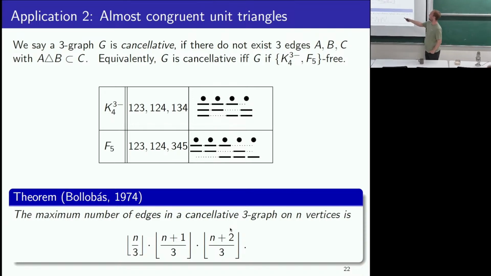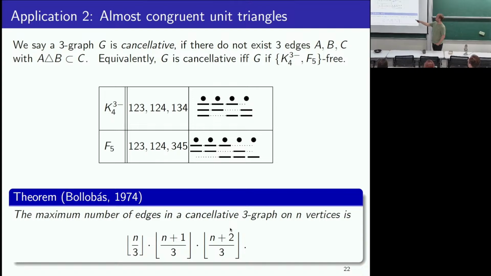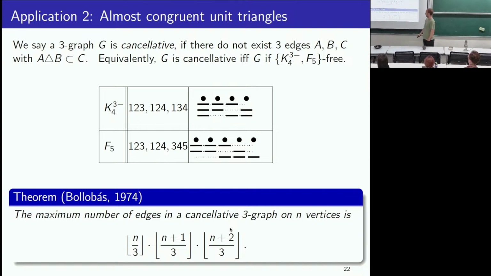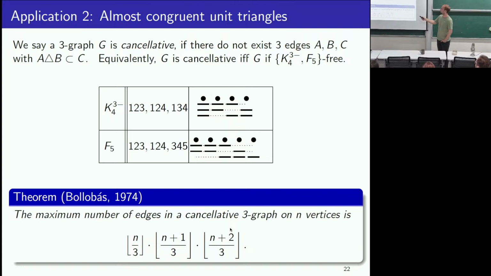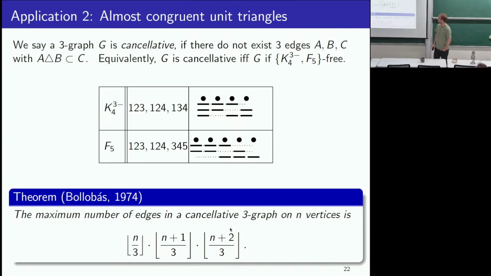And you can see those two guys here. So the first guy is, up to isomorphism, the unique 3-graph on four vertices with exactly three edges. And this F5 guy is a five vertex 3-graph also with three edges in this form. Here is a different representation of those edges.